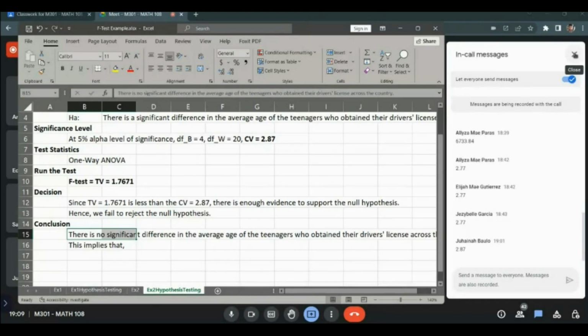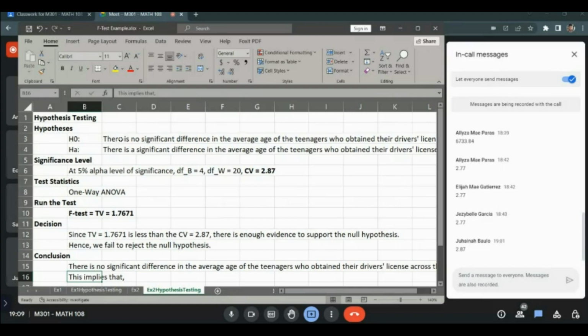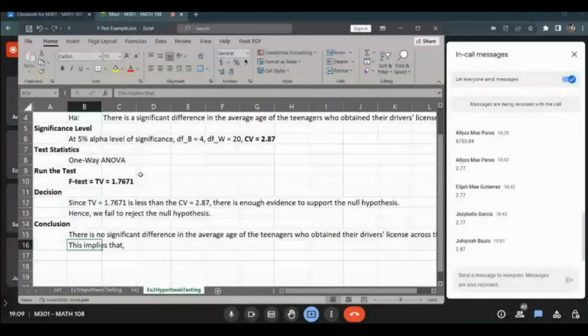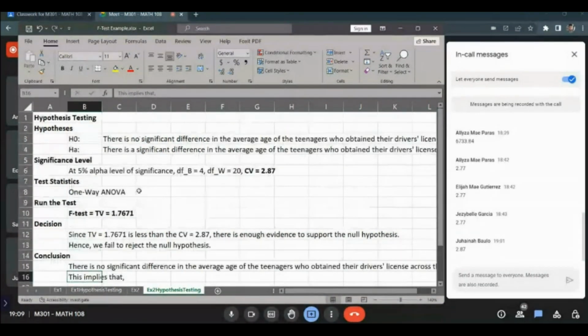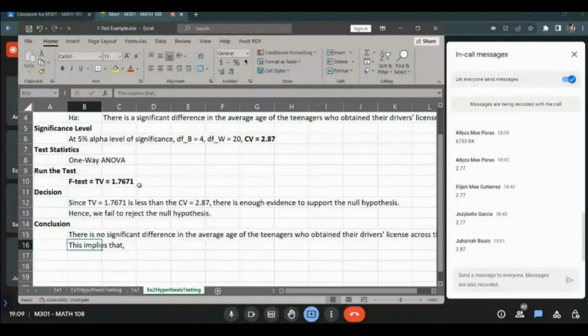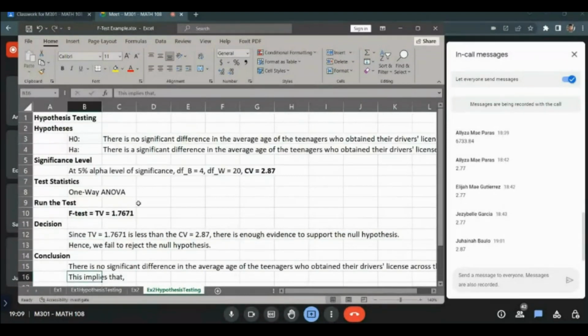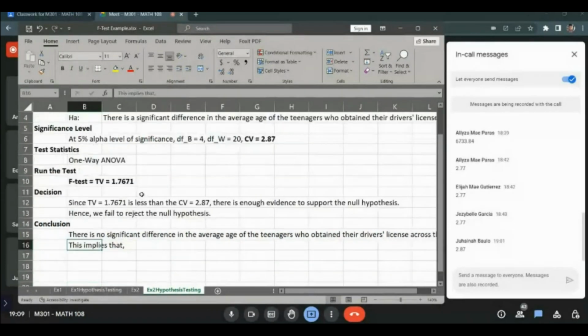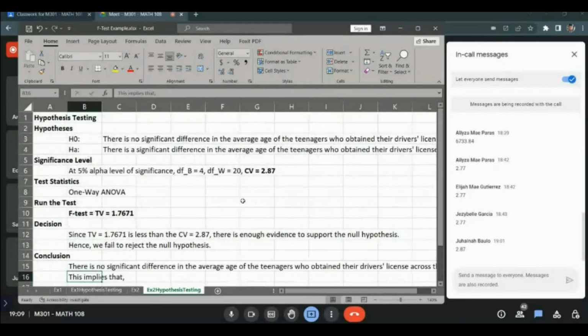Does it matter which region they live in? No, sir.